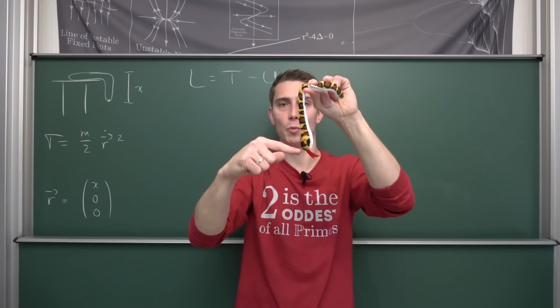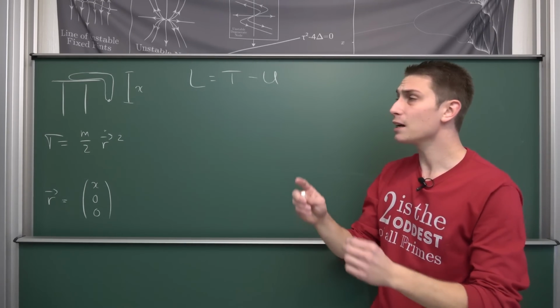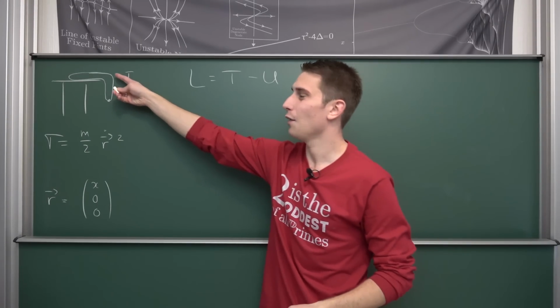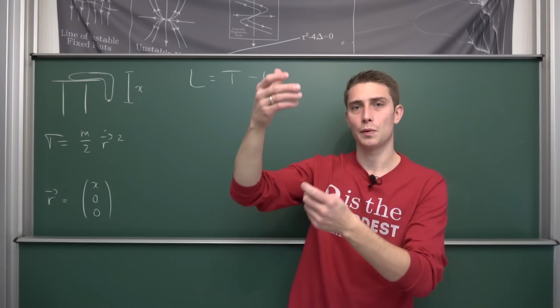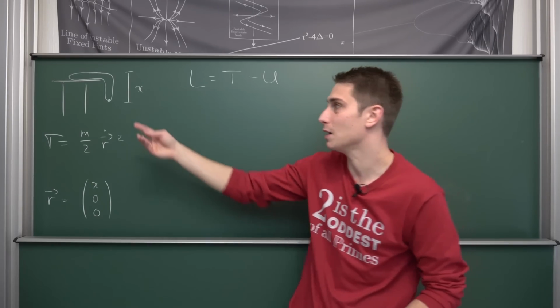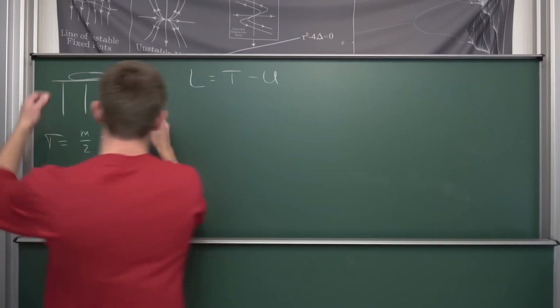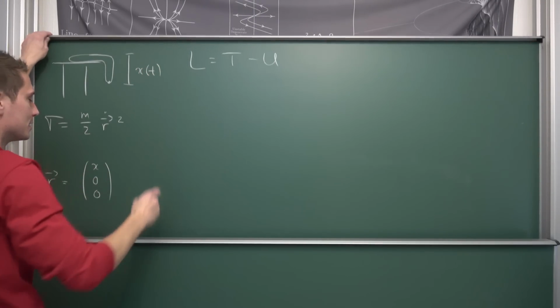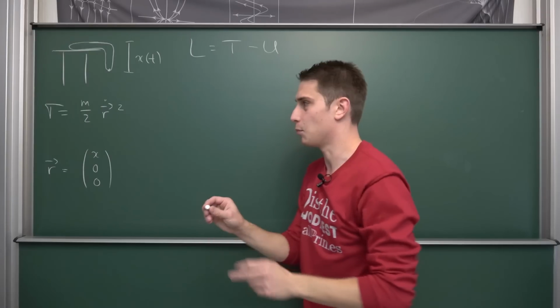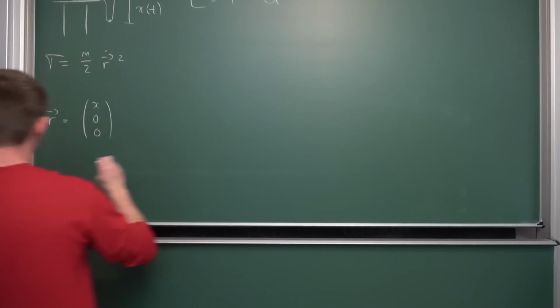Slides a tiny bit more, now it's at 3, and so on. Meaning, over time, the length that is hanging down, the part of the rope hanging down the table, is going to change over time. So x is actually a function of t. And this is really important because we now need to differentiate our r vector.